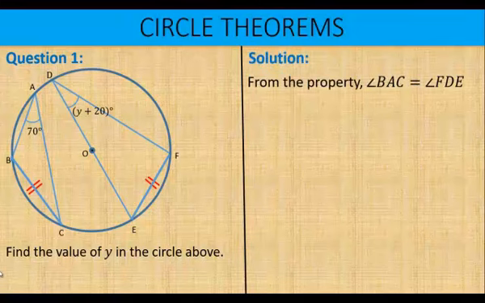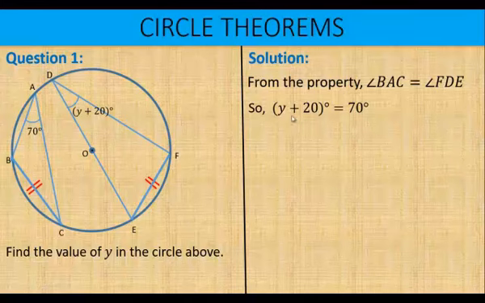We can say that from the property, angle BAC is equal to angle FDE. And if they are equal, then we can equate these two angles.